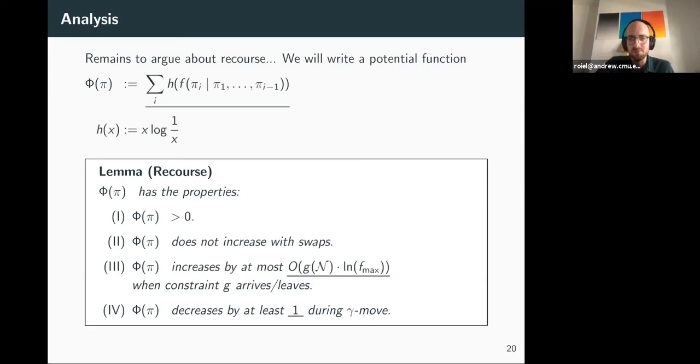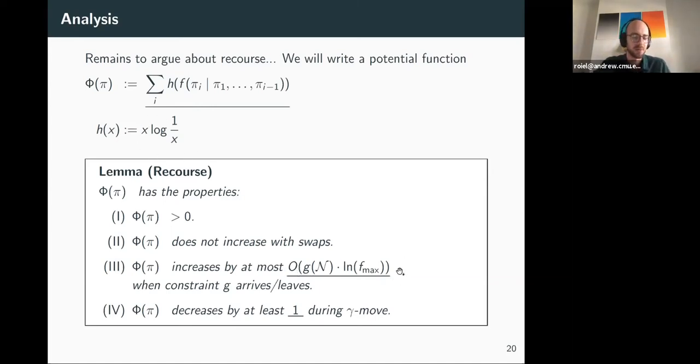So let's fill these in. Here's the function we're going to use. It's just the sum over the indices of this coverage vector of some concave function of the coverage vector. So recall this histogram that we drew. It's just a concave function of each of the entries in the histogram. And specifically, we'll use this concave function, x log 1 over x.